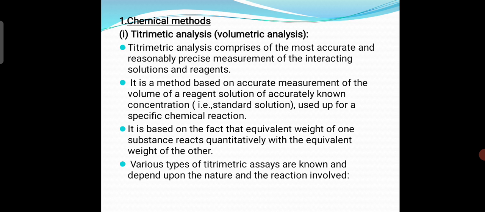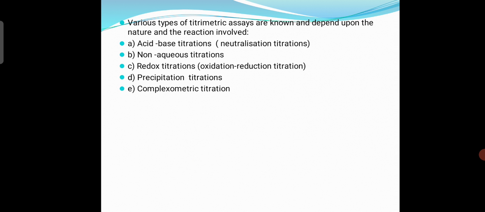And there are many examples for this volumetric analysis like acid base titrations, non aqueous titrations, redox titrations, precipitation titrations, complexometric titrations. So we'll study in our upcoming chapters about these titrations in detail. Now you just memorize these names.